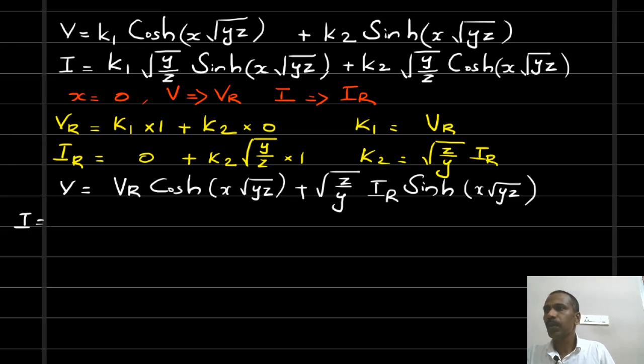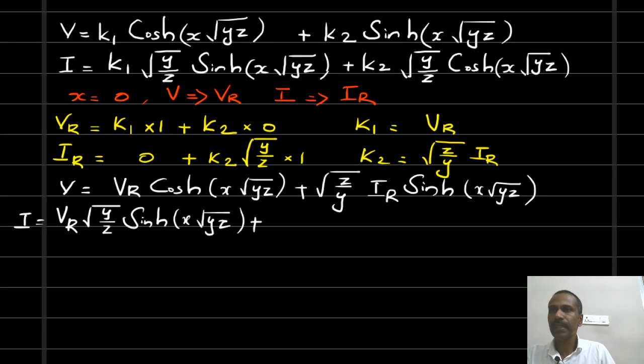The current equation is I equals, K1 equals VR, into root of y by z sinh(x into root of yz), plus K2 equals root of z by y into IR into root of y by z into cosh(x into root of yz).